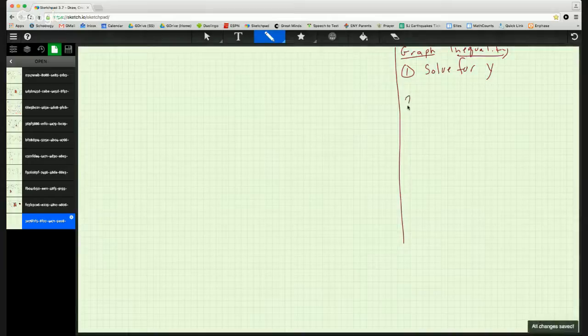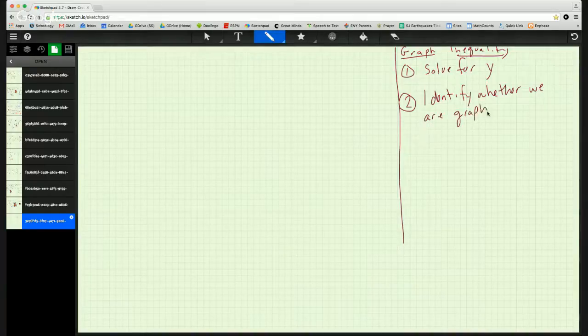We solve for y, then we identify whether we are graphing less than or greater than, and in this case we're going to use a dashed line. If we use a less than or equal to or a greater than or equal to, we are going to use a solid line.